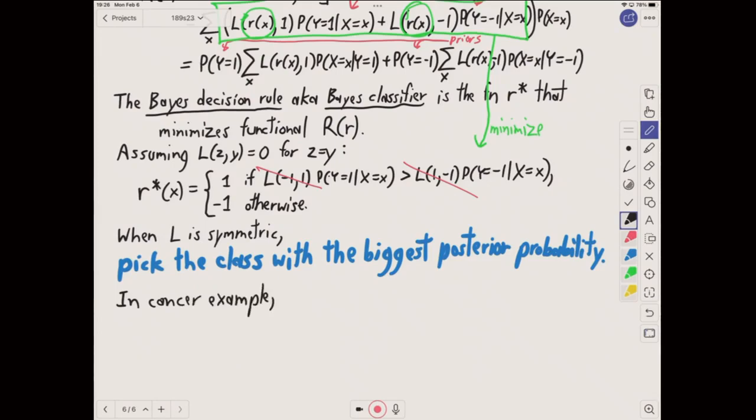So in the cancer example, the Bayes optimal decision rule is we're going to predict cancer if the number of calories is less than 1,600. Here, I'm going back to the symmetric loss, sorry. And the Bayes optimal decision rule is no cancer for x greater than 1,600.